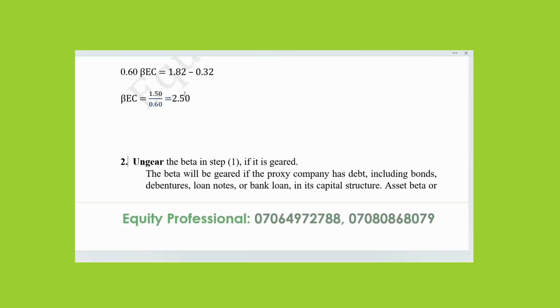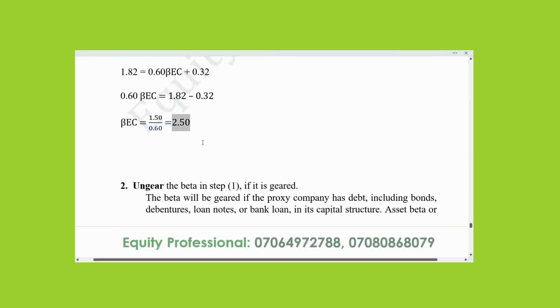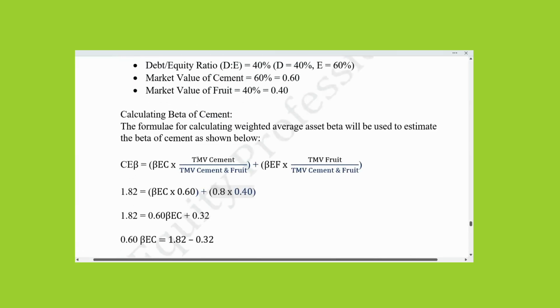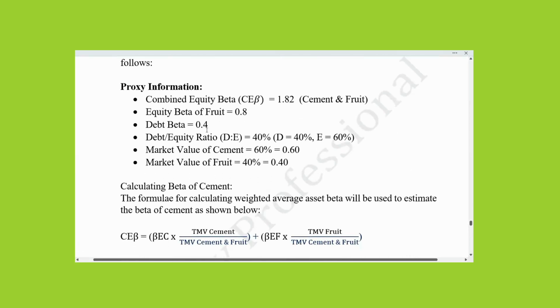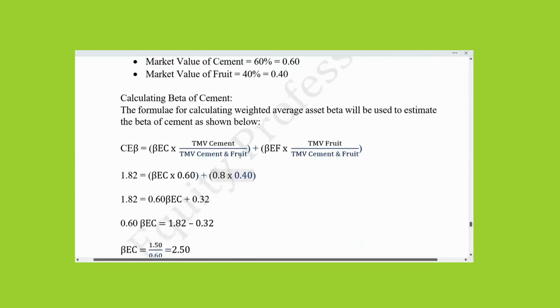You ungear to remove the financial risk. First thing first, you need to confirm this 2.5, this beta of cement, is it geared or ungeared? According to the question, you are given debt equity proportion of the proxy company to be 40%. Since you are given debt equity proportion, you are given gearing ratio, that means the proxy company has debt in its capital structure.